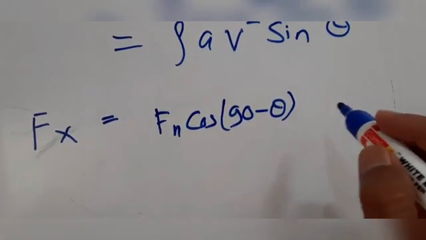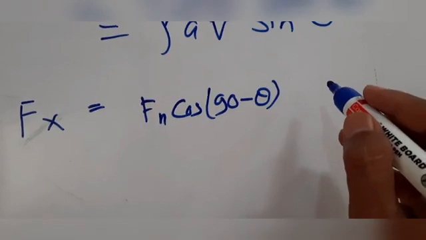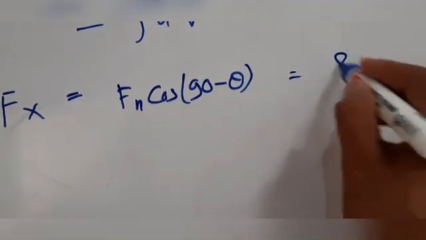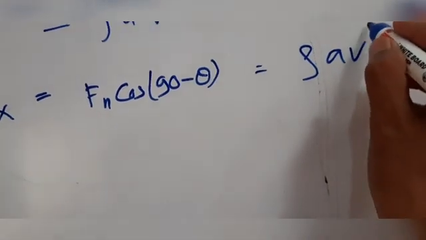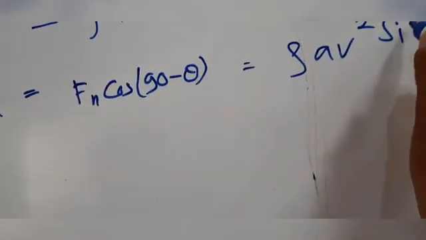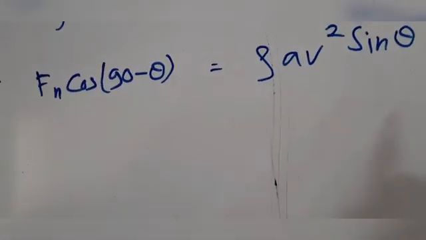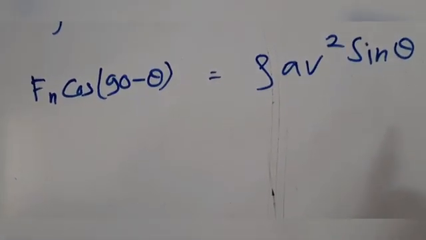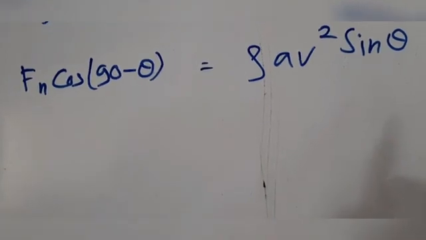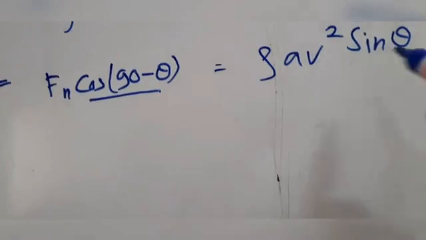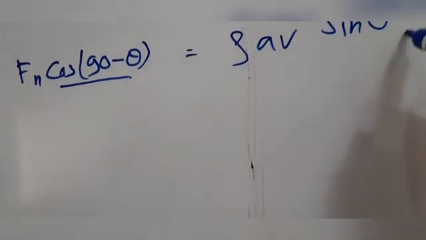So rho a v square sin theta is the value of Fn, and cos 90 minus theta is also sin theta.